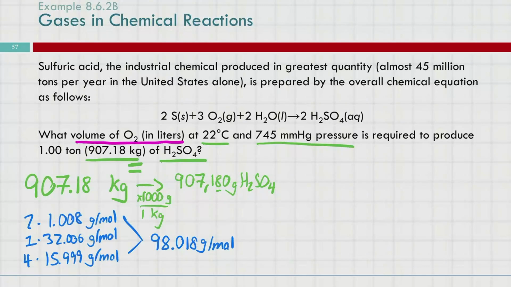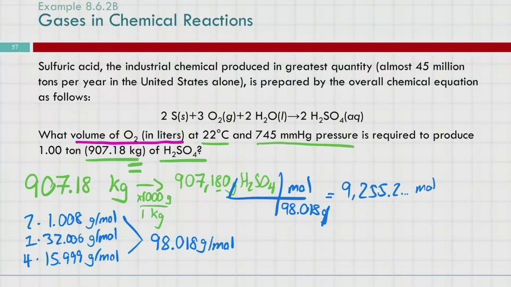We're going to have a lot of moles of sulfuric acid, since we have a ton, literally, of sulfuric acid. So dividing by our grams per mole, 9,255.2 moles of sulfuric acid. That is a lot of moles.